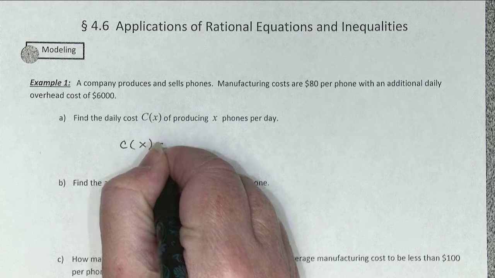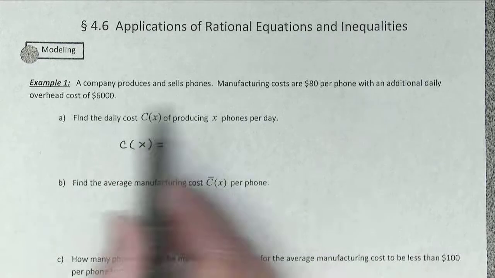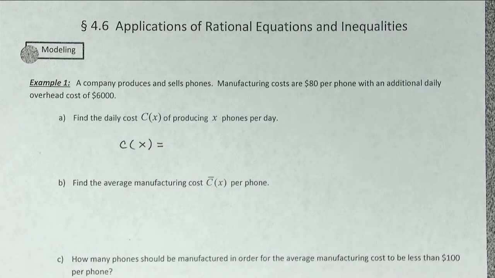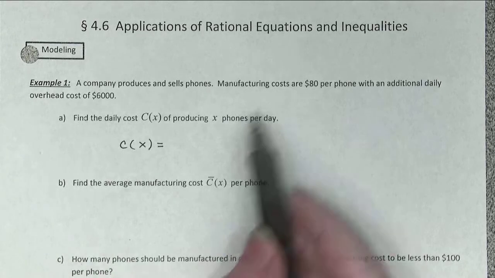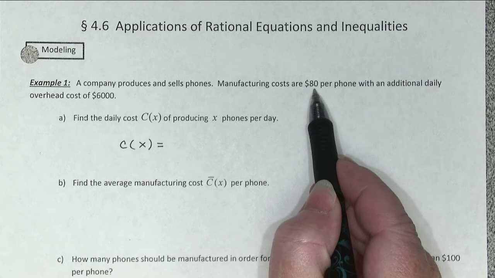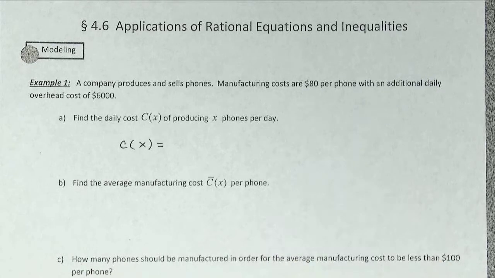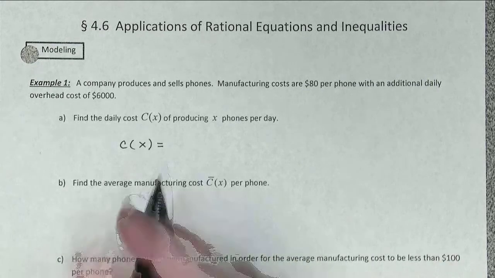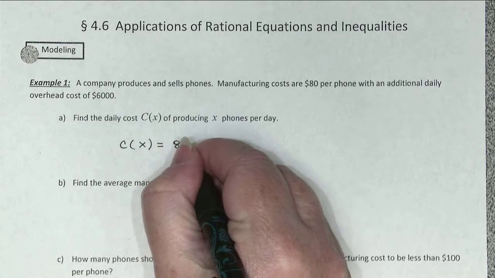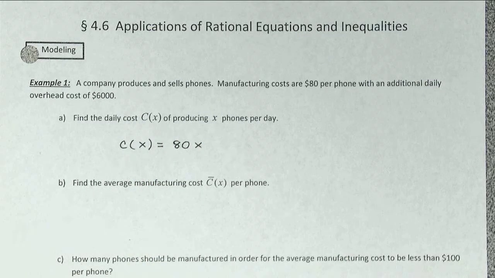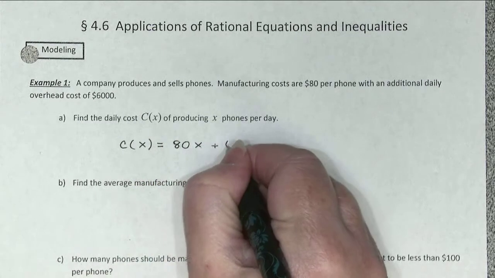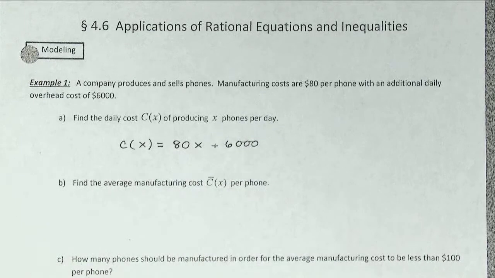Now we know our daily overhead is $6,000, so it's going to cost us $6,000 no matter what, even if we don't produce a single phone. But then it also costs us $80 for each phone that we produce. So if I take 80 times the number of phones I make and add the $6,000 overhead cost, that should give me the total cost for the day.